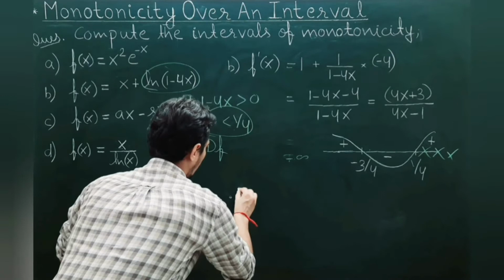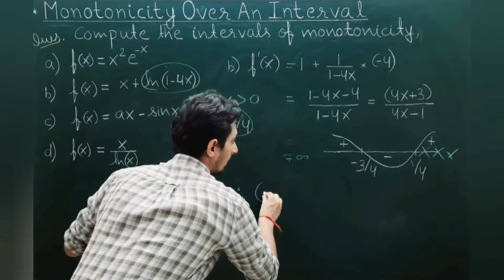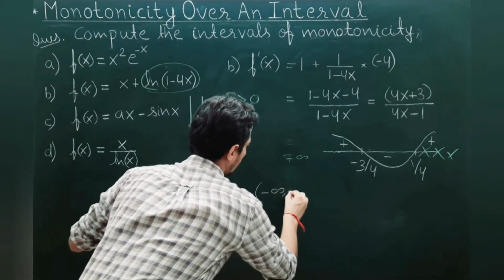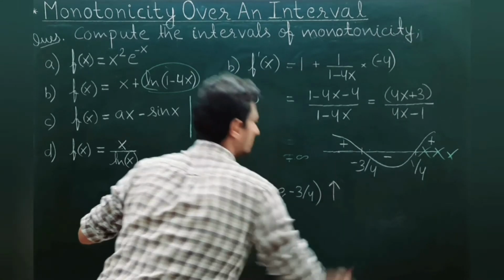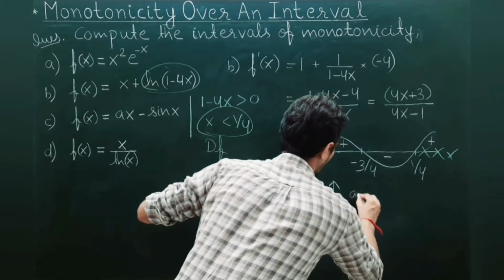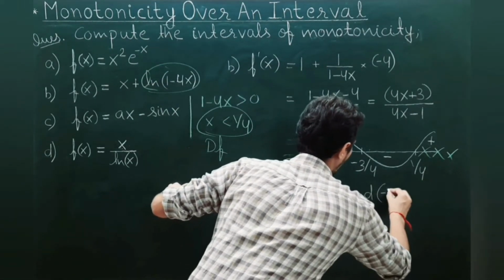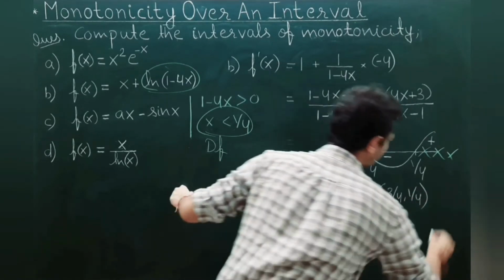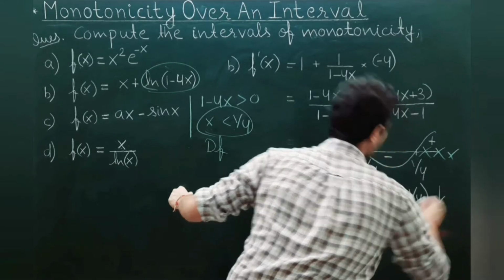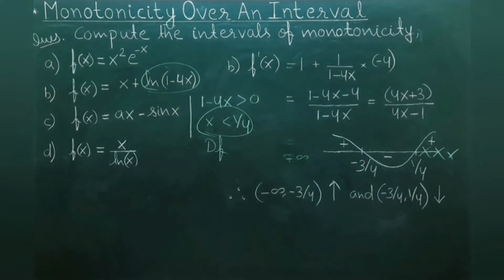Therefore, from minus infinity to minus 3 by 4, f(x) is increasing, and from minus 3 by 4 to 1 by 4, where the derivative is negative, f(x) is decreasing. So this is a simple example on monotonicity. We just needed to find the intervals of increasing and decreasing behavior of the function.